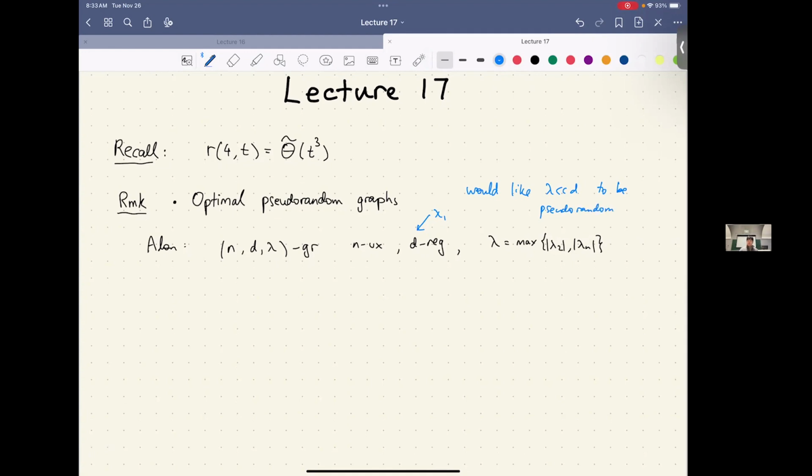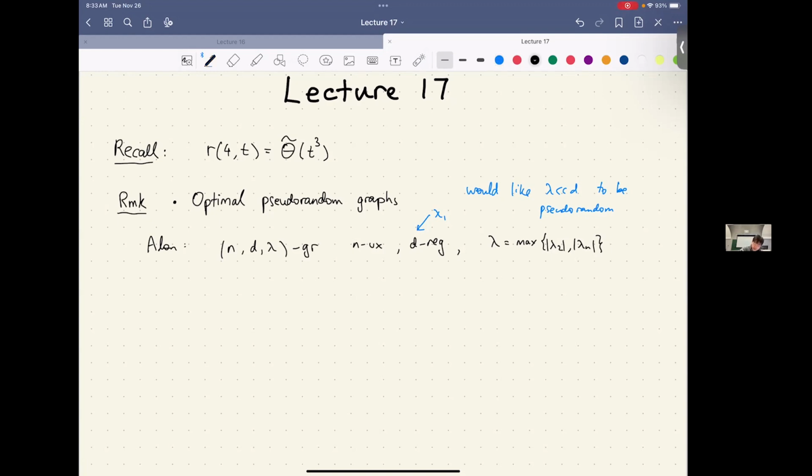So pseudo-randomness is a huge topic. We don't have time to talk too much about it. Let's just say that it has many connections and applications, including having an alternative construction here using such pseudo-random graphs. But it goes along a similar line as this random block construction.